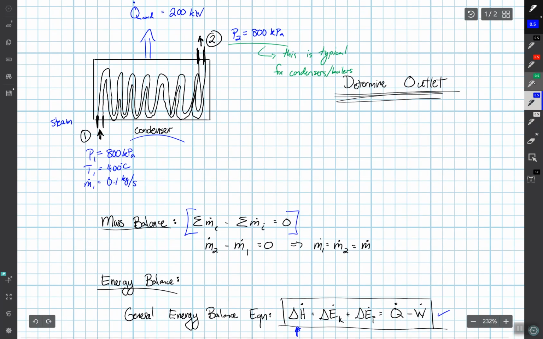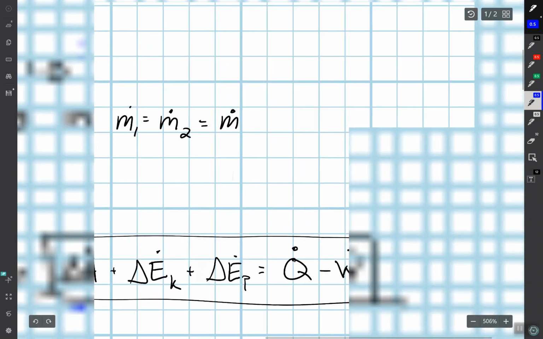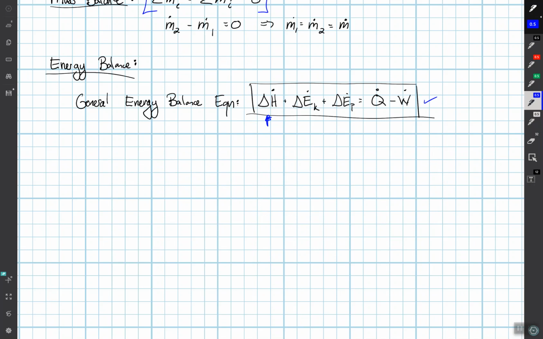If I were to draw a control volume, it might look something like this. I'll just label that as our CV. So we have stuff crossing over the control volume boundaries, and that's carrying with it some amount of thermal energy. So in general, we can't neglect delta H.